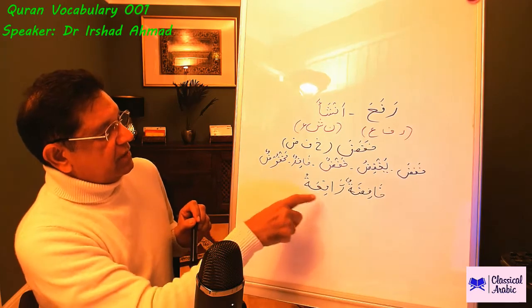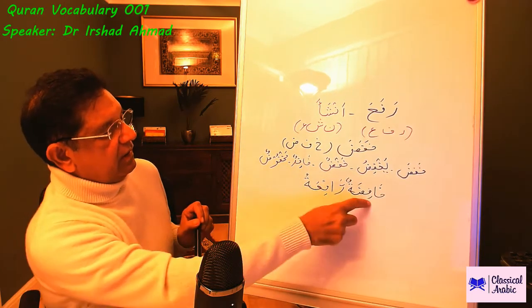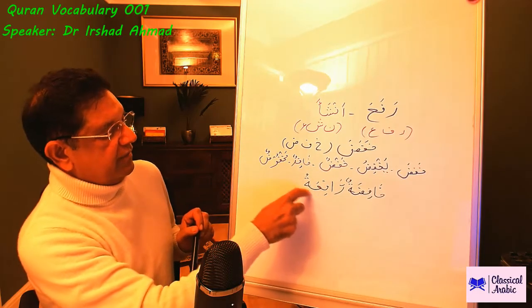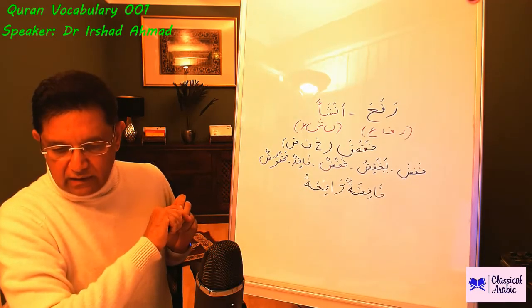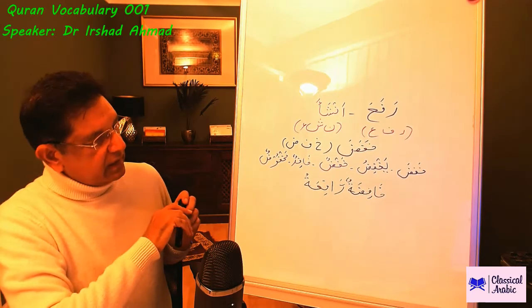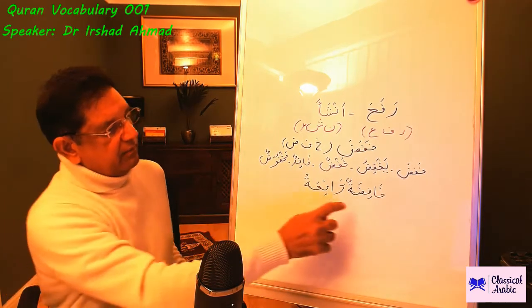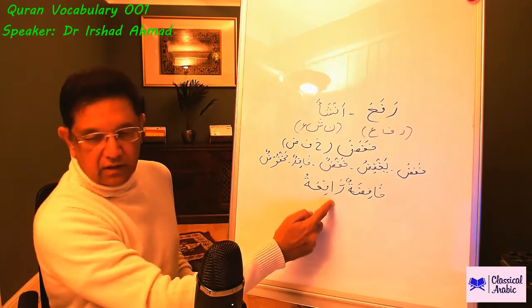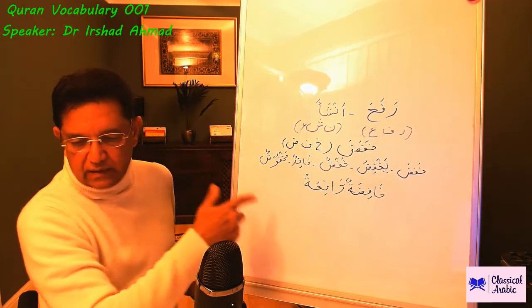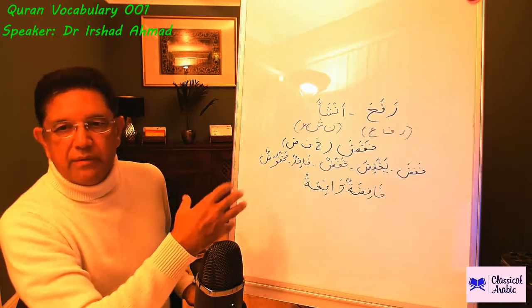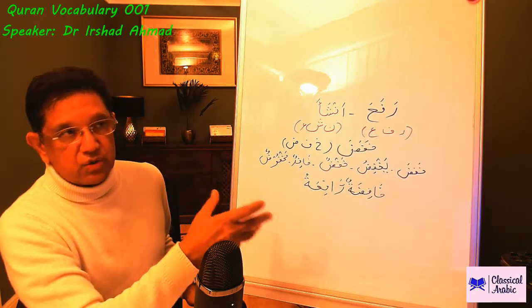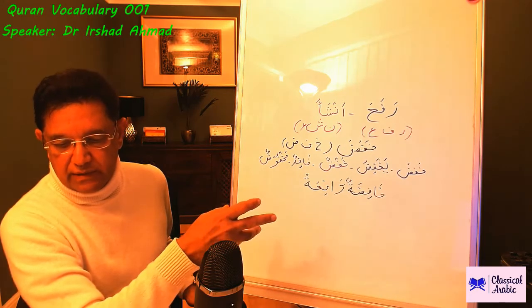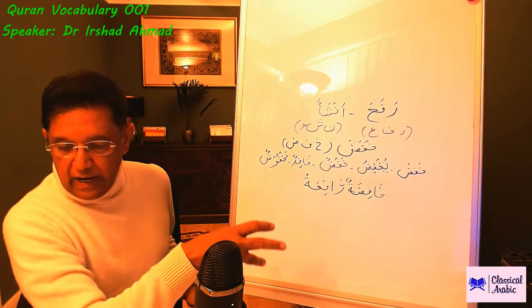So khafidun, khafidatun, it will be rafi'un here, rafi'atun. And literally that means bringing down, raising up, basically the one who brings down and the one who raises up. The translations are different: abasing some and exalting others. Somebody has translated it as it will bring down some and raise up others.